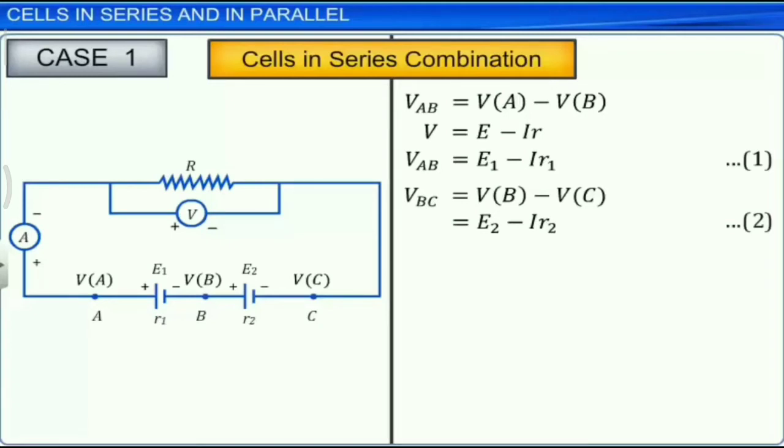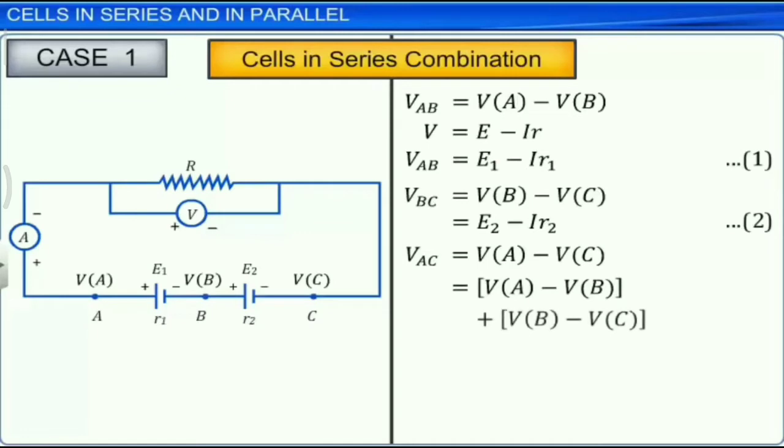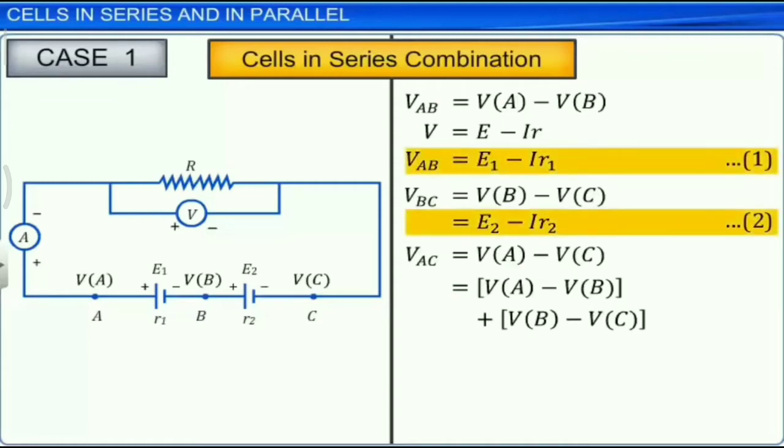VAC is equal to VA minus VC. From 1 and 2, VA minus VB plus VB minus VC, we get VAC is equal to E1 minus IR1 plus E2 minus IR2.